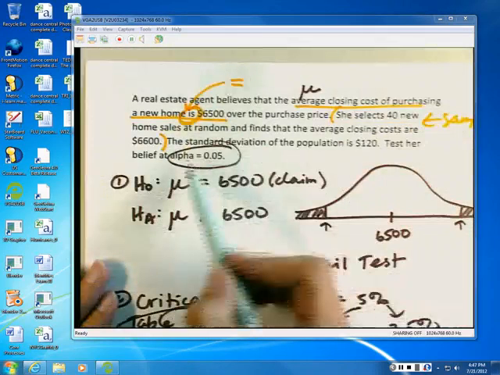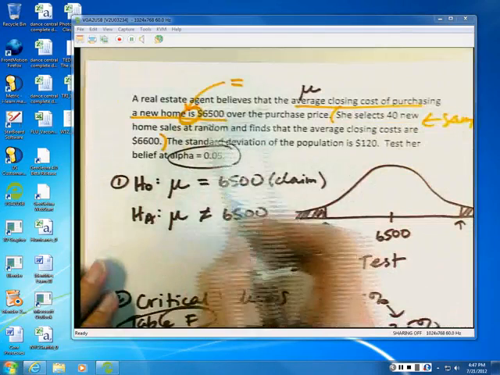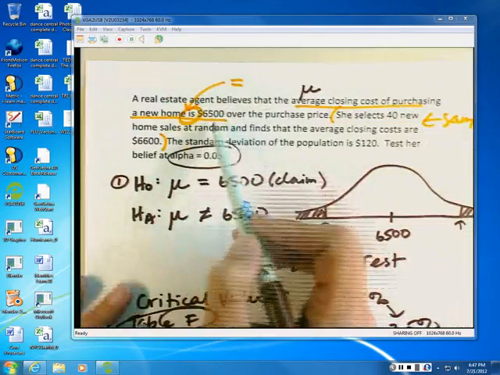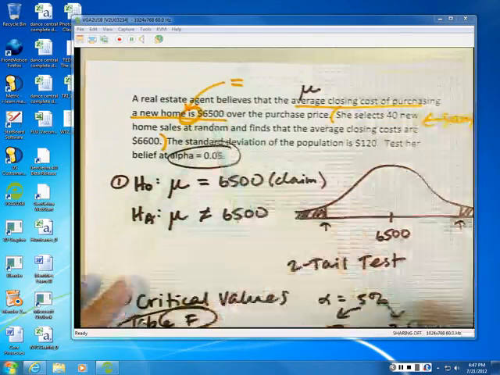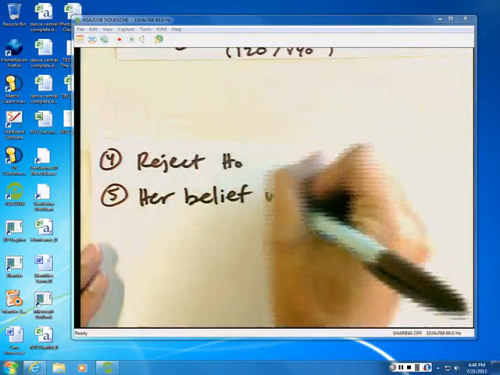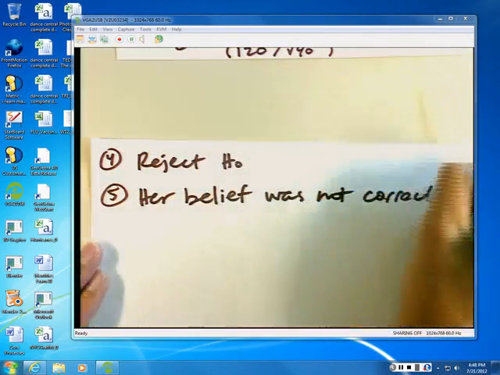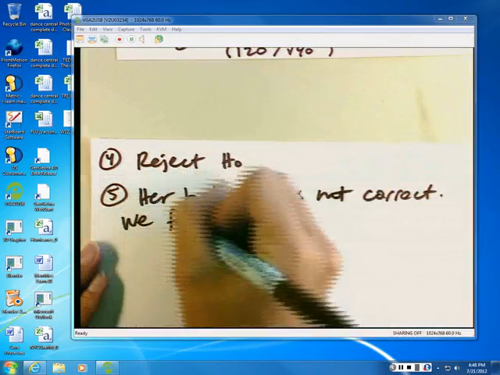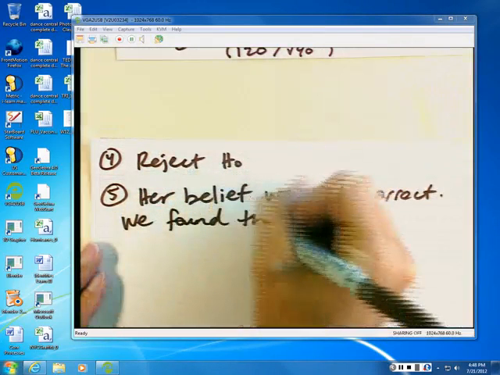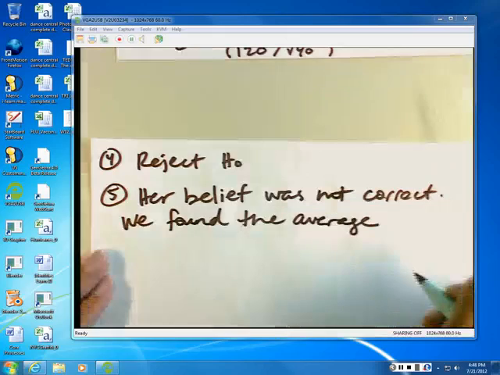What was her claim? Her claim, test her belief. Is she right? No, she's not right. We found that it's significantly different. So this is where you're going to convince me that you understand that. Her belief was not correct. We found the average, and you're going to use words in the context of the problem.